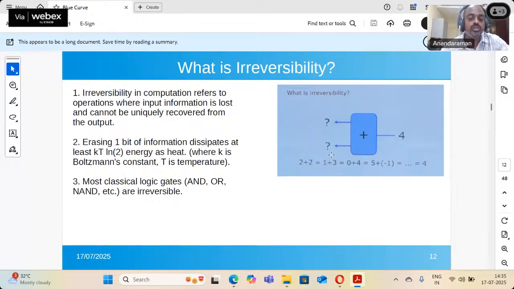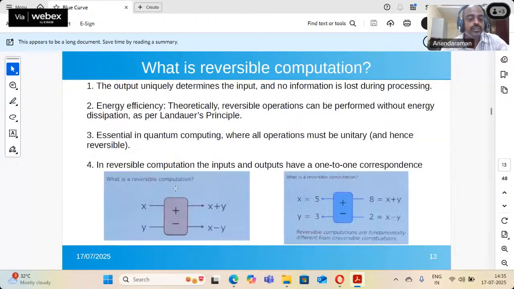Most of our logic gates, AND gate, OR gate, NAND gate, are irreversible. You cannot generate the input from the output. To make it reversible, let's consider: instead of doing only addition, you do the subtraction also.